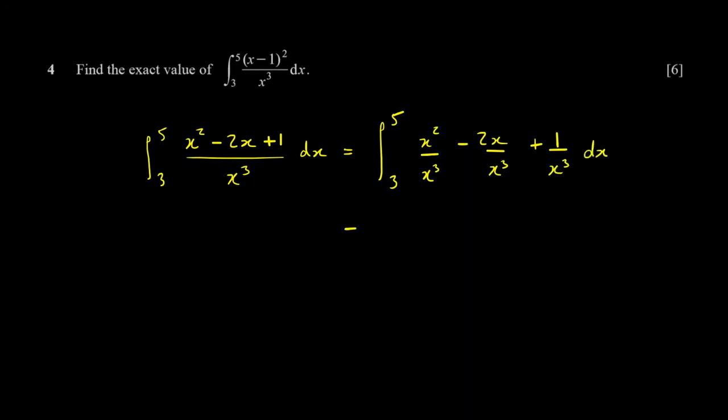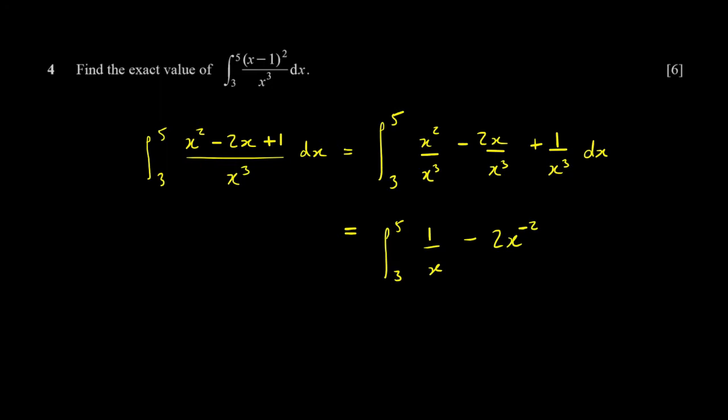Now, if I cancel off, I've got x squared divided by x cubed. Well, I could subtract the powers, 2 minus 3 gives me negative 1, or I could just divide top and bottom by x squared. Either way, what I'm going to end up with is 1 upon x. Next, if I divide top and bottom of this by x, then I'm going to get 2 upon x squared, and 2 upon x squared can be written as 2x to the power of negative 2.